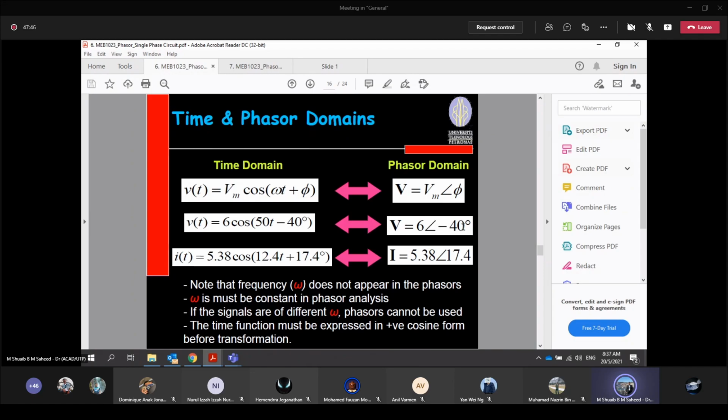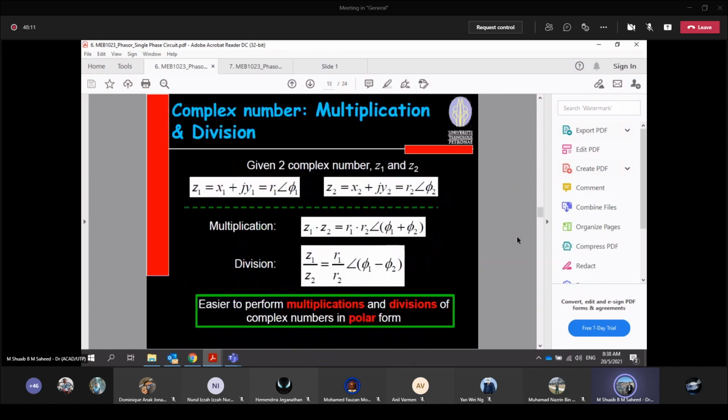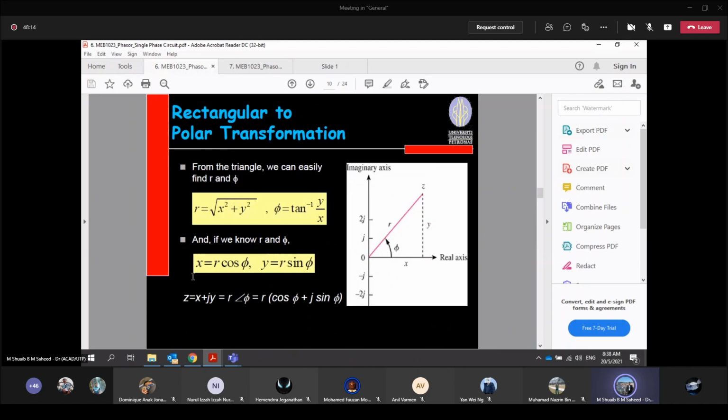How do you express this in the rectangular form? 6 cos negative 40 plus j 6 multiplied by sine negative 40. So you will have the real and imaginary value. When you have a real and imaginary value, it is known as complex format. This one, guys, r cos phi, r sin phi.